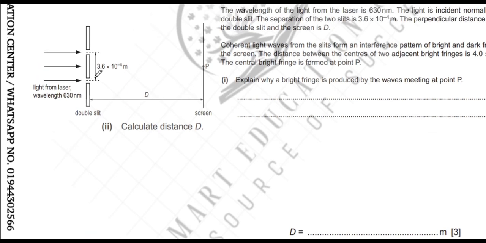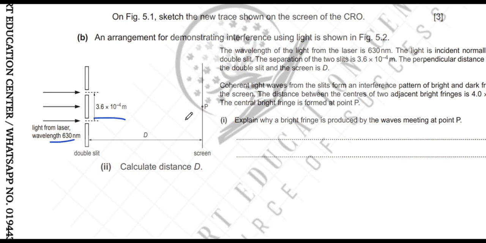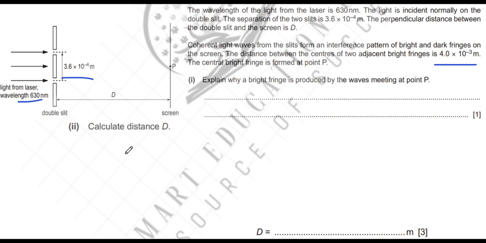Basically, you know the slit separation, you know the wavelength, the fringe separation is also known, so you just use the formula where the fringe separation x equals lambda d divided by a, and therefore you put inside all the values.